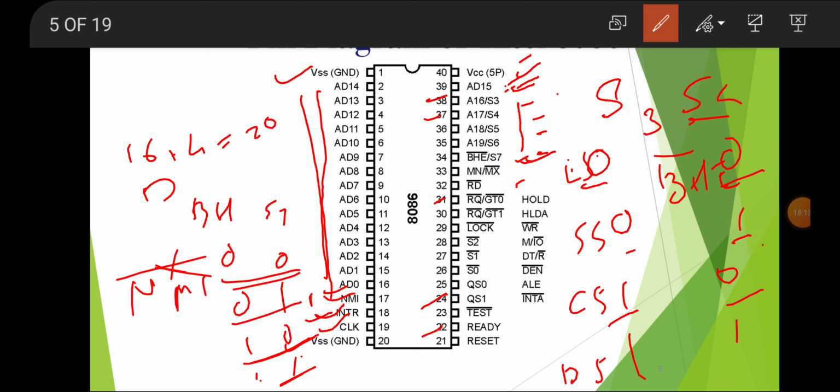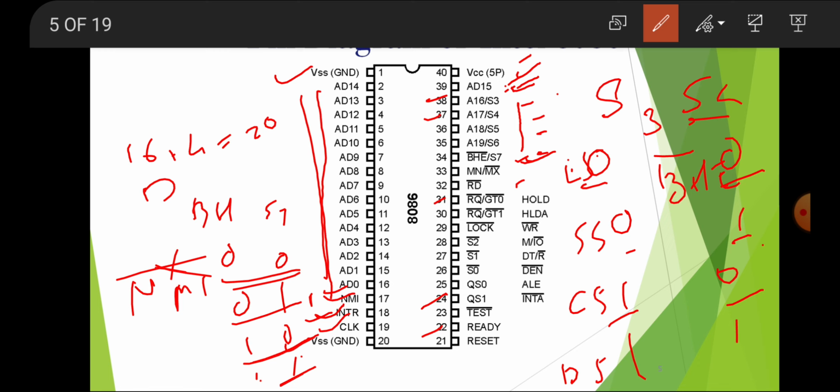This pin requires the microprocessor to terminate its present activity immediately, and the signal must go active high for at least 4 clock cycles. Suppose an instruction is being processed and you want to cancel that execution, then you can press reset.